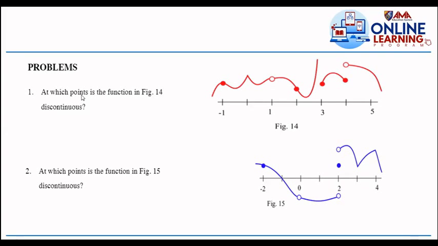Ano yung point doon sa figure natin ang discontinuous. So ganun po yung sagot po natin. At a is equal to 1, at a is equal to 3, at a is equal to 4. So yun po yung mga discontinuous.